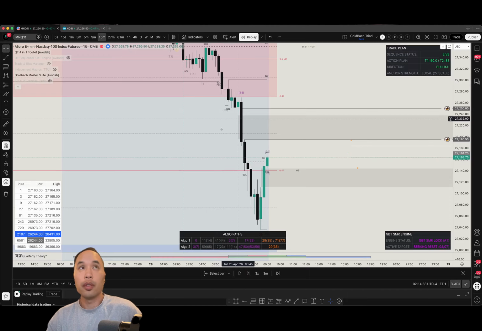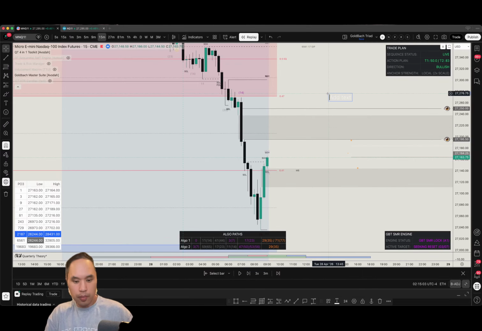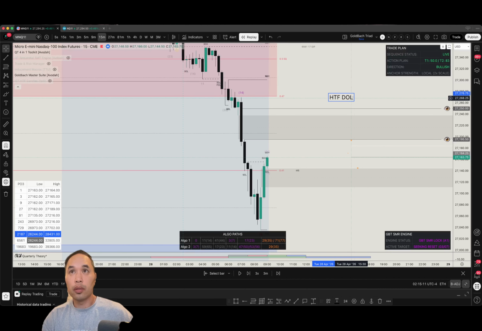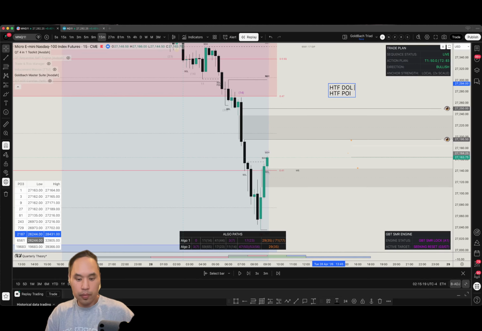So first step, let me write this down. Higher time frame DOL and higher time frame POI. Identify those, and align with GB levels.